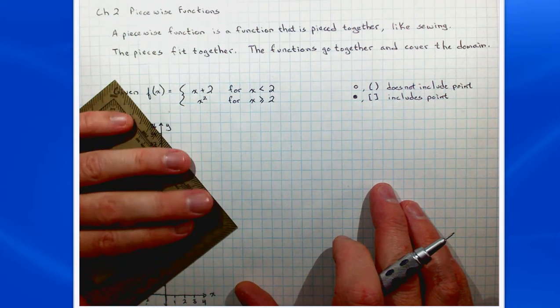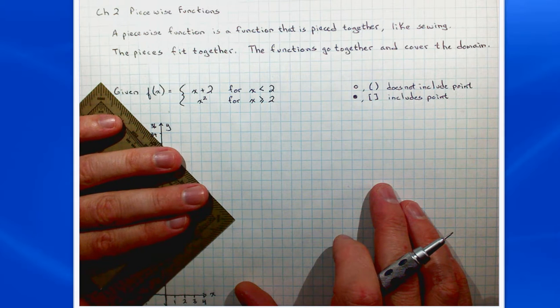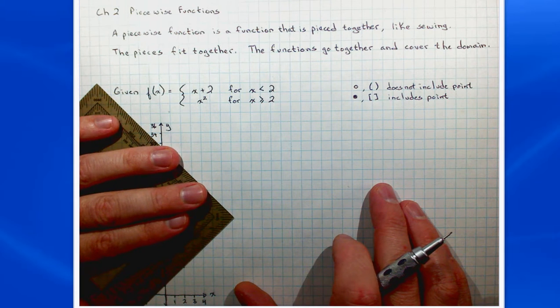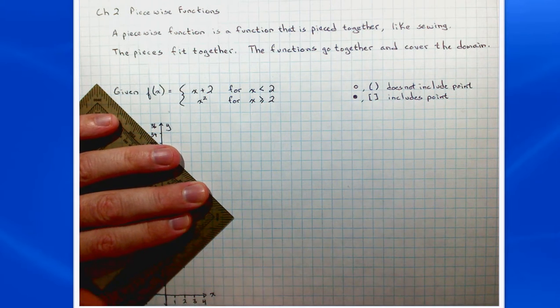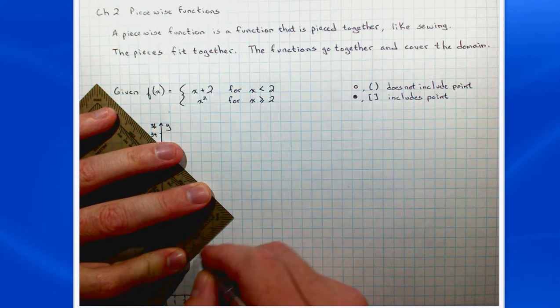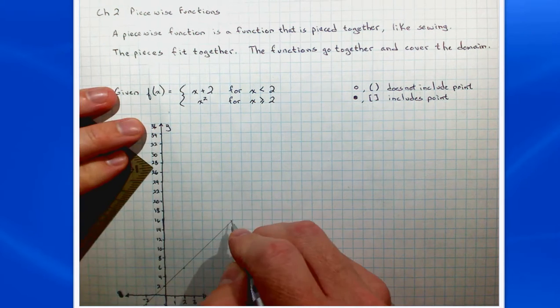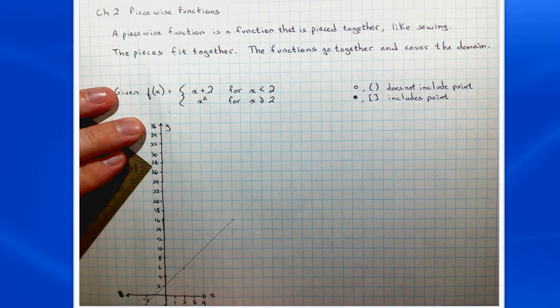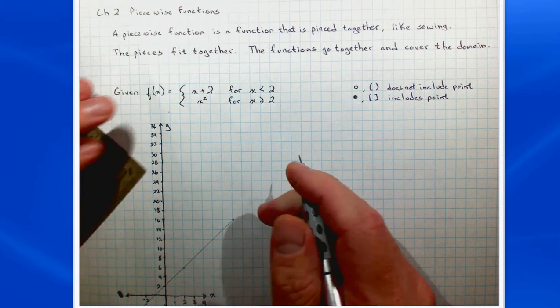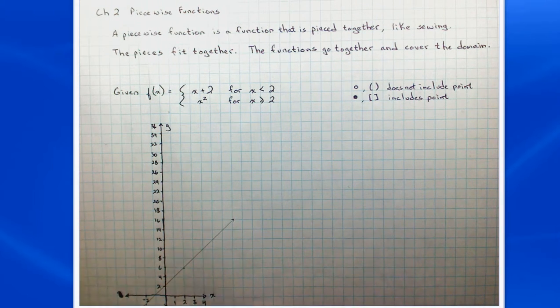See if I can do that with my shaky hands. Okay, this is what my function should look like, something like that. Now I graphed more than what I should for a piecewise. I'm just graphing both, and we're going to talk about it.